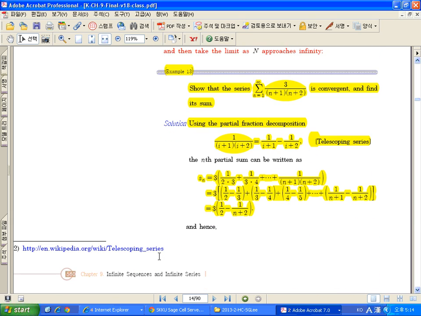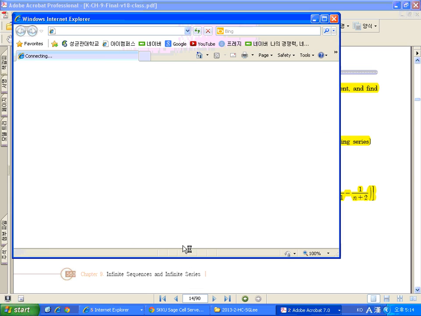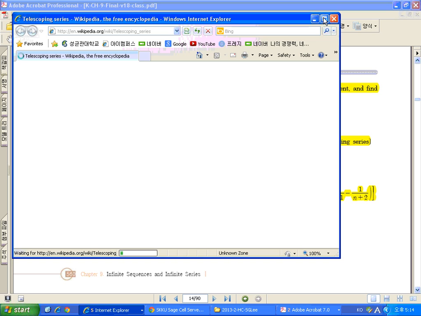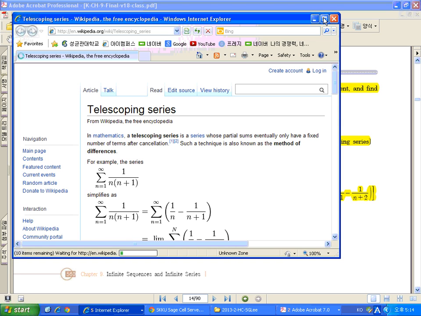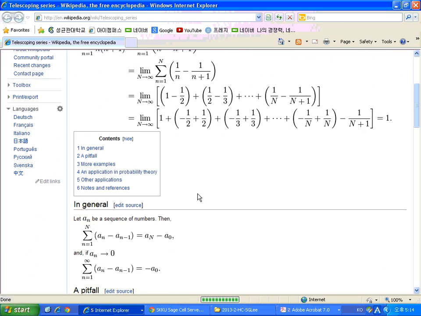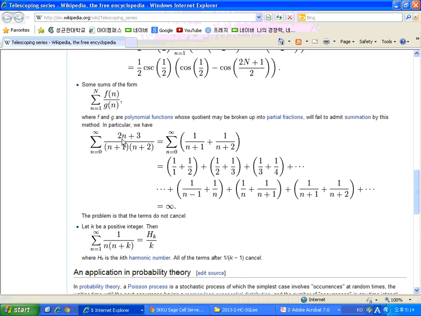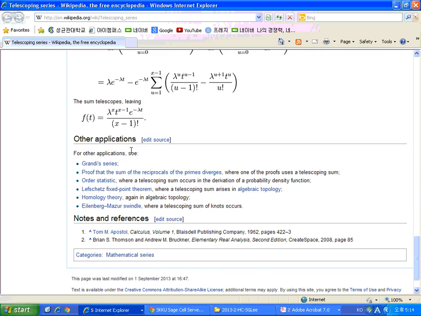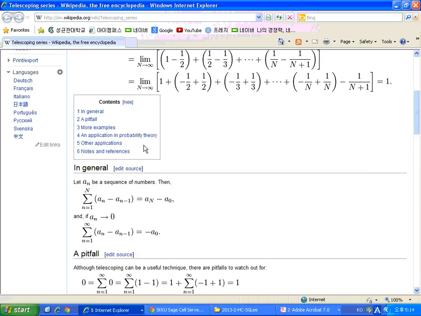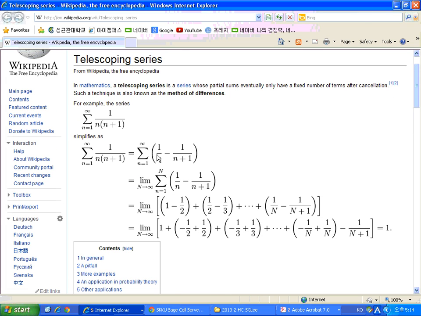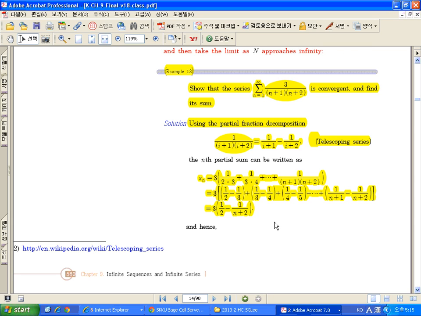Telescoping series have many interesting properties, and there is lots of information already discovered on this special case of series.